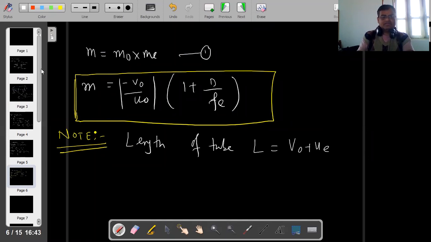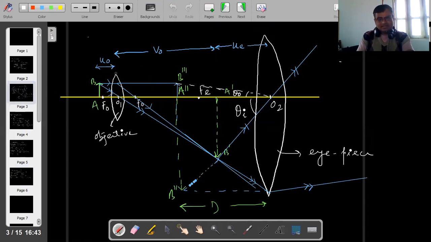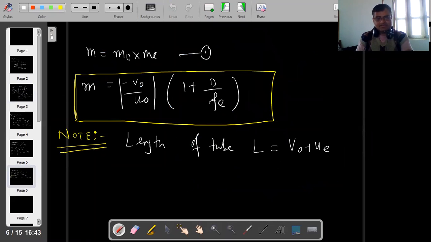That is the length of the tube. Understand this?